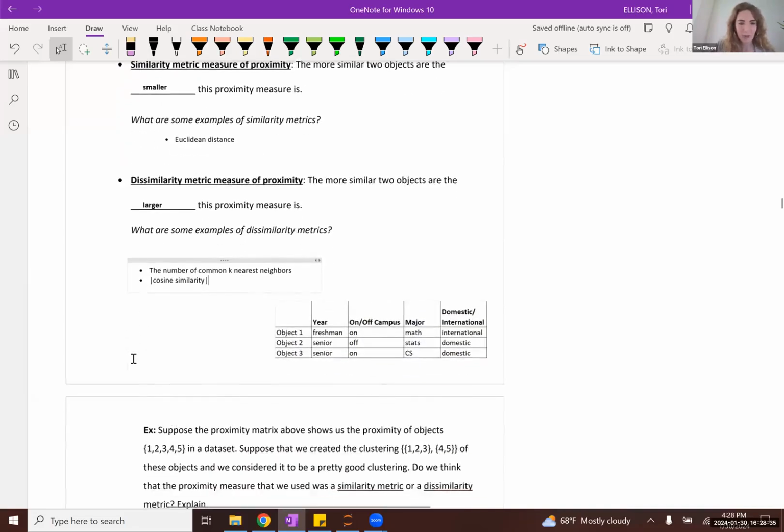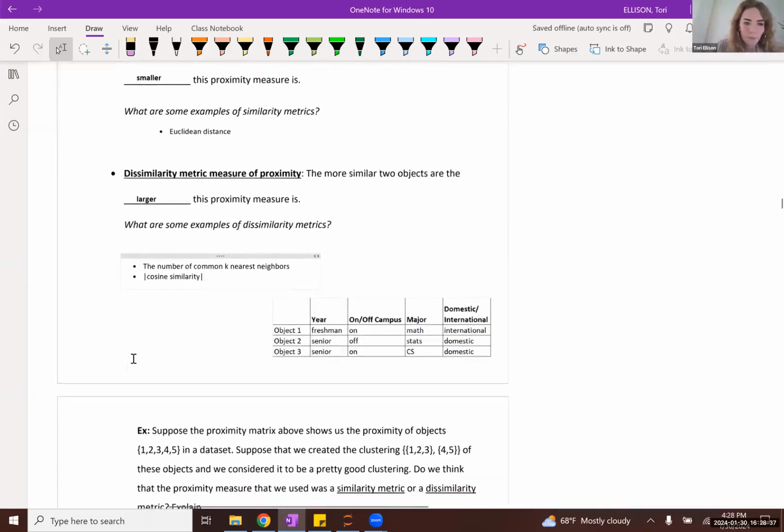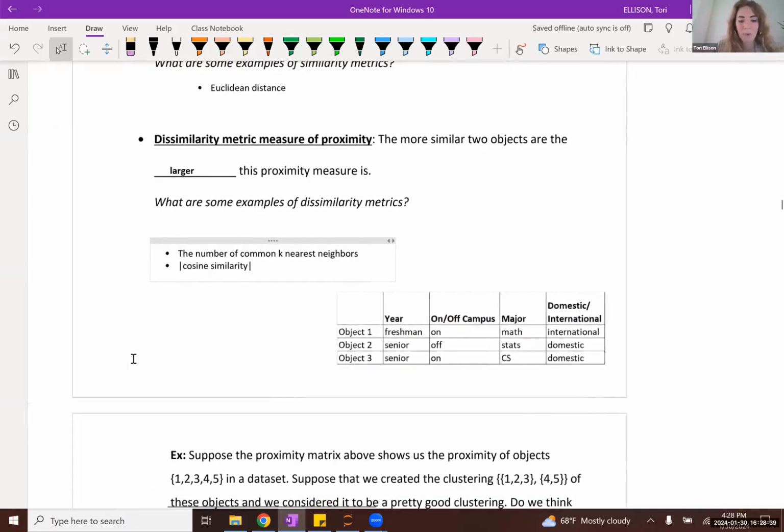And similarly, you can come up with many other similarity metrics, for, let's just say, a categorical data set. So for instance, if I wanted to measure the proximity between person 1 and person 2, I might count up the number of common attributes that they have. Basically, these two people have nothing in common.